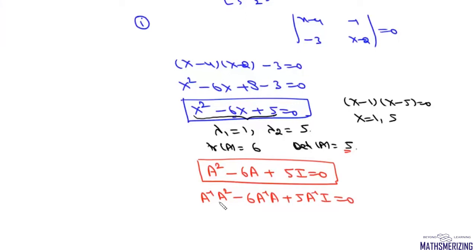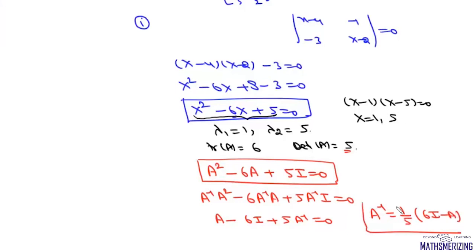Now A inverse into A is I and I into A is A. So it will be A minus 6I plus 5, and A inverse into I is A inverse. So it will be 5 A inverse equals 0. So from here we can write A inverse as 1 by 5 (6I minus A). So one of the uses of Cayley-Hamilton theorem is to find inverse of a matrix.